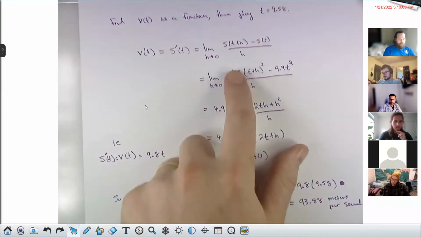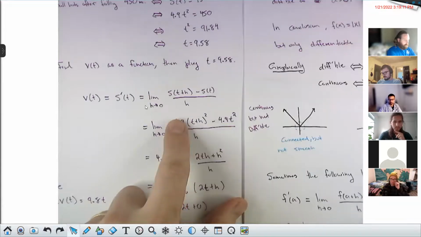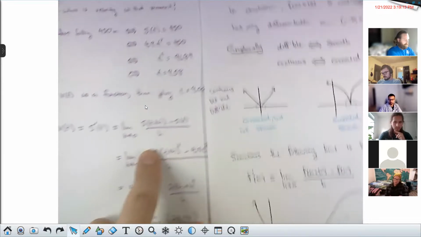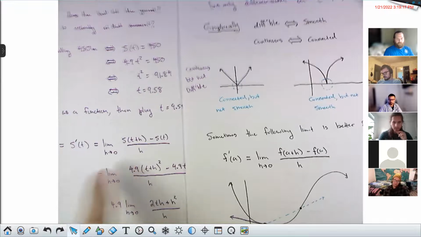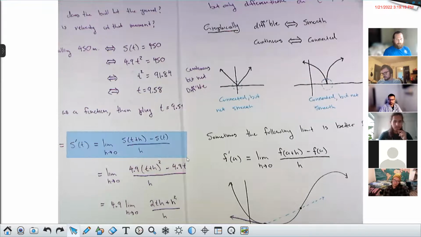But if you compare this with, let me line it up, with this, s primed of t versus f primed of a, I've changed two things. The name of the function here is s instead of the name of the function here being f.